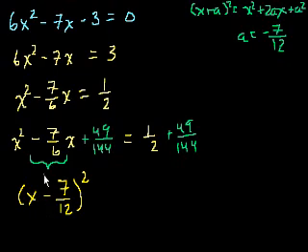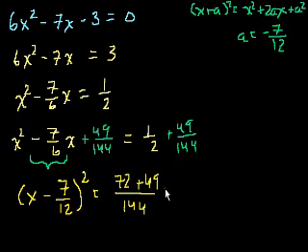And if you want, you can multiply this out and confirm that it truly equals this. And that is going to be equal to, let's get a common denominator, 144. So 72 plus 49, it equals, what's that, 121. 121 over 144. So we have x minus 7/12, all of that squared is equal to 121 over 144.